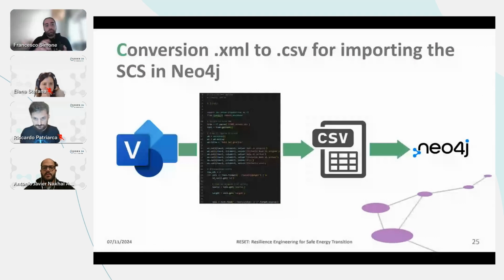Following this pattern, this logic, we developed an algorithm, a Python script that, starting from a picture of a safety control structure, you see Visio here because it is the software that we use to build this safety control structure.